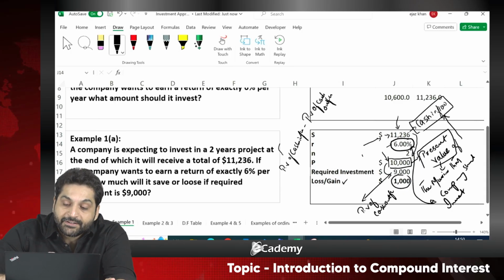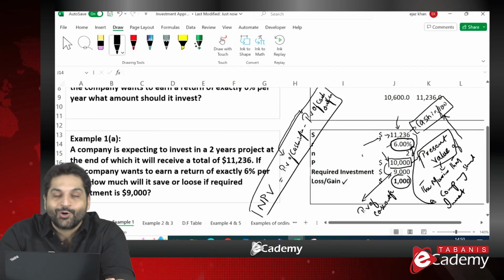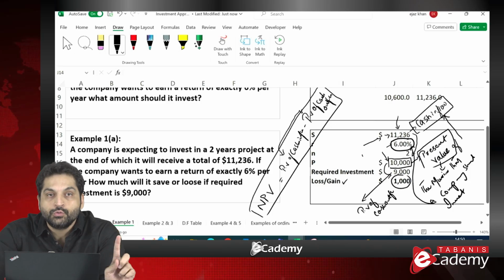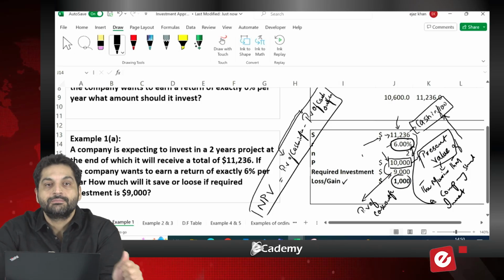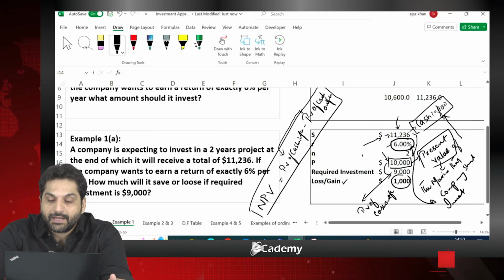Since this is net of two present values, we call it net present value. This loss or gain is basically called net present value as it is a difference between two present values. Net present value, net of two present values. It's called net present value.